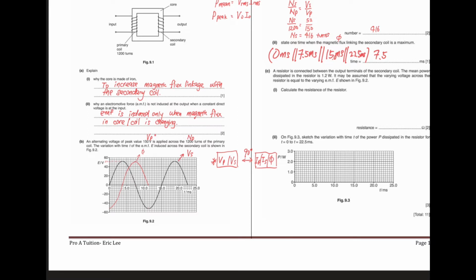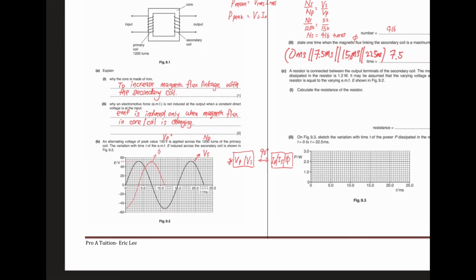Of course, if the phase difference is 90 degrees, maybe your graph is like this, like the green one. That is a phase difference of 90 degrees also. So if your graph is like this, with a phase difference of 90 degrees in the green color way, the maximum happens at 0 milliseconds and at 15 milliseconds.